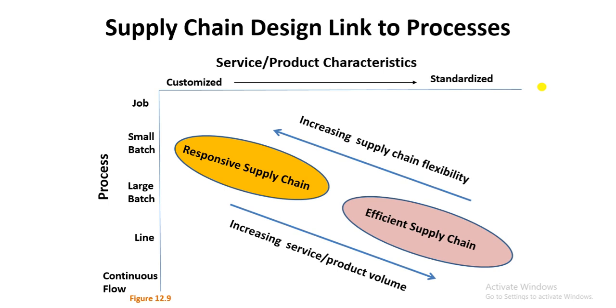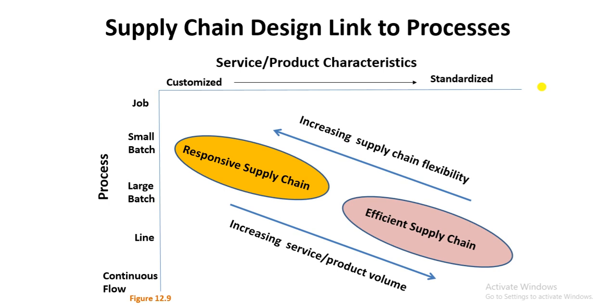As you can see in your slide, on the vertical axis, he has mentioned the different types of processes. First one is called job shop, second one is called small batch, third one is called large batch, and line, which is the assembly line or the continuous flow process.